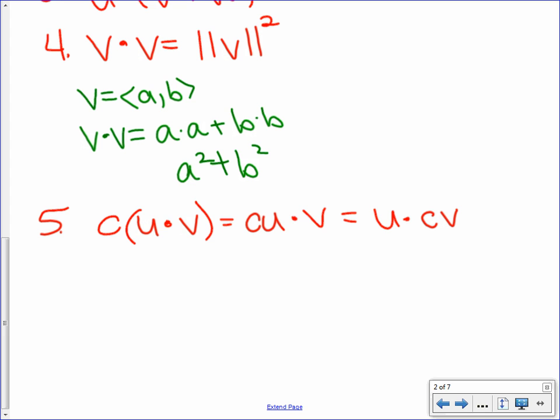Now, yes, you could take the dot product and then multiply it by the scalar, which is probably what you're going to do anyway, especially with the parentheses, but please realize that this does not distribute to both. Same thing as if you had 2 times 3 times 4. You just do one multiplication at a time.